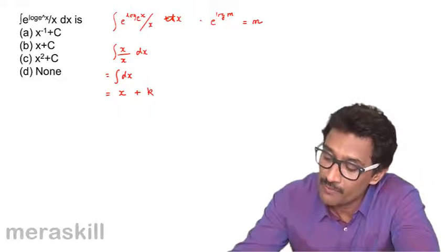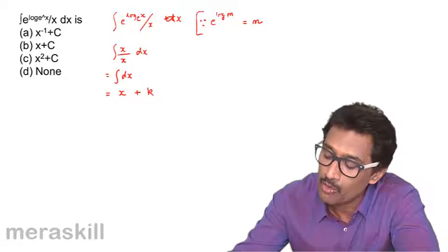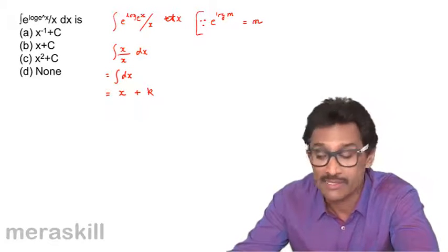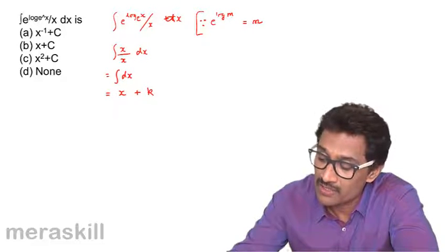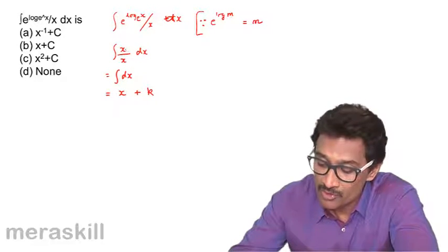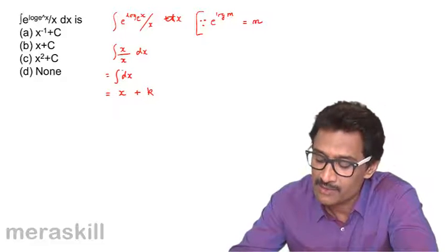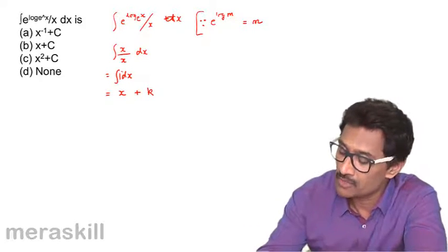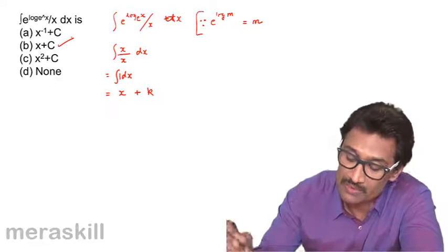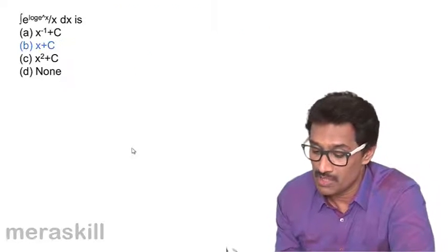So we're using the formula because e raised to log of any number is the number itself. So the log and e almost nullify each other, and eventually you get m. So it's going to be x by x dx, which is going to be just 1 dx, which is nothing but x plus constant. So among these, it should be option number B.